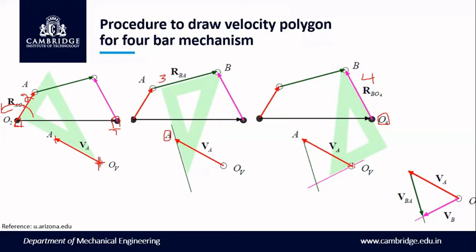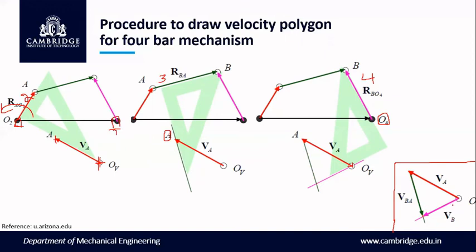For this vector also we know only the direction, we don't know the magnitude. Since we don't know the magnitude, just produce that line until this pink color line intersects with the green color line. Finally, we obtain the velocity diagram like this. So the intersection of these two will be the endpoints of the vectors.